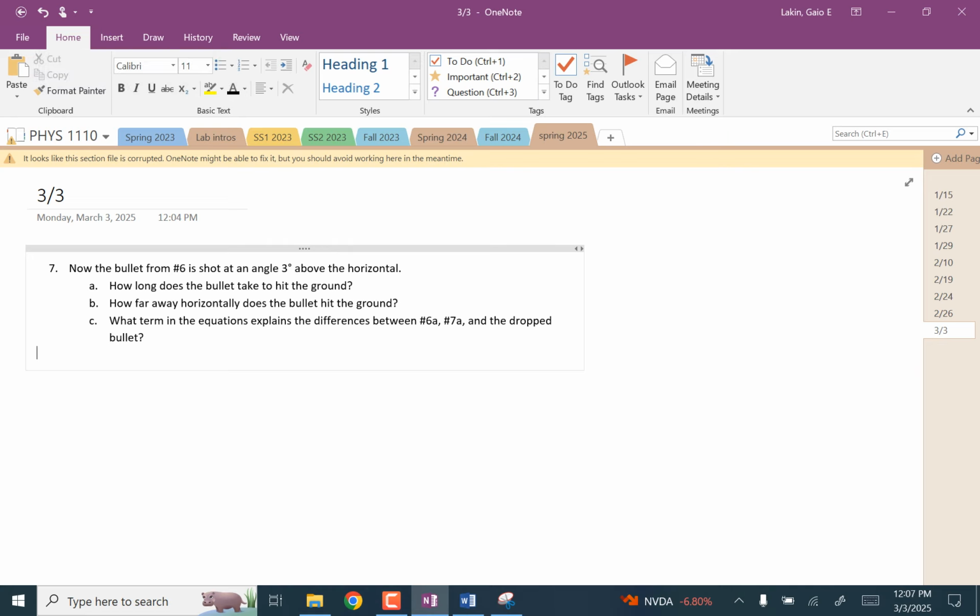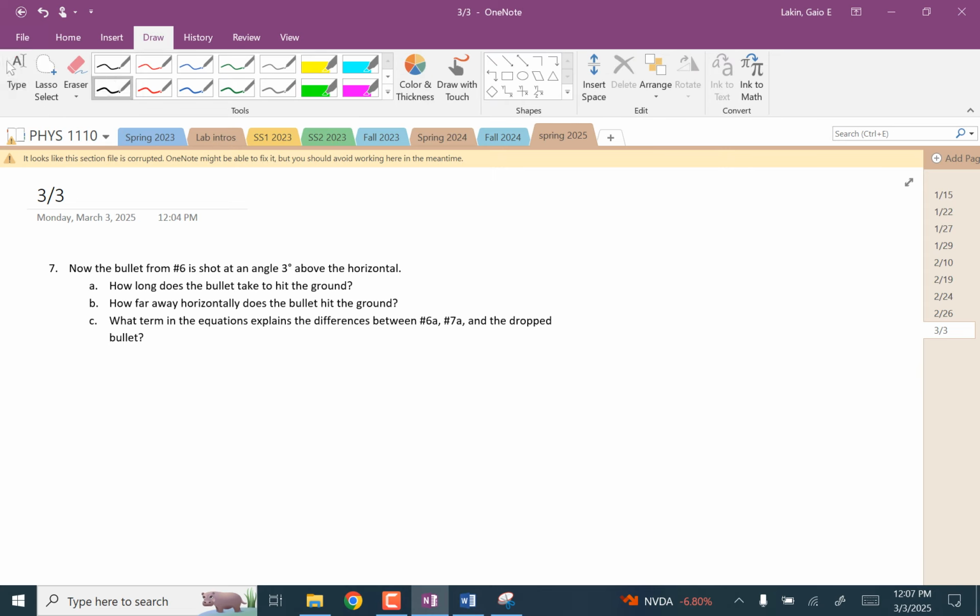And we want to find out how long does it take for the bullet to hit the ground? How far away horizontally does it hit? So first of all, it's going to look something like this.